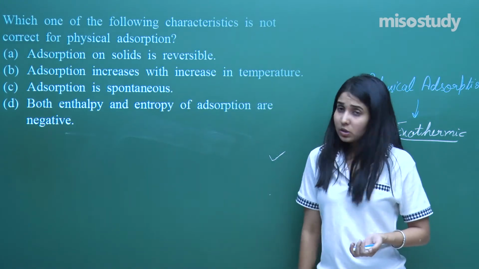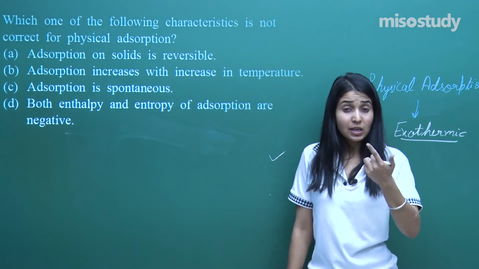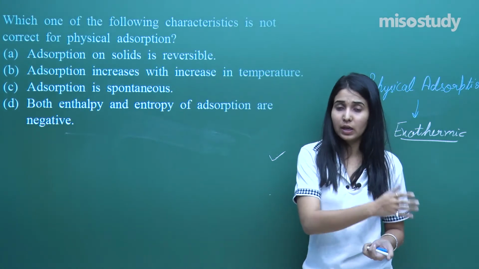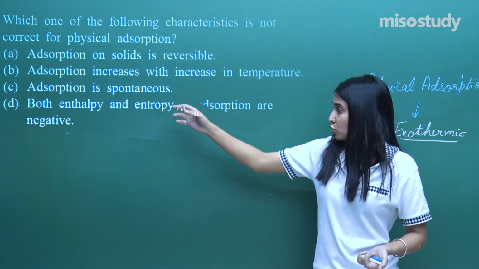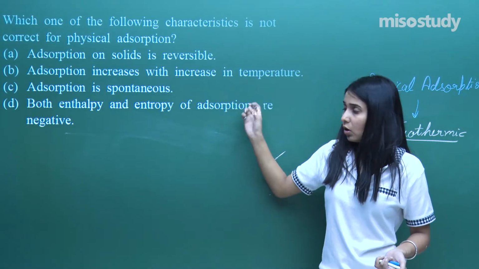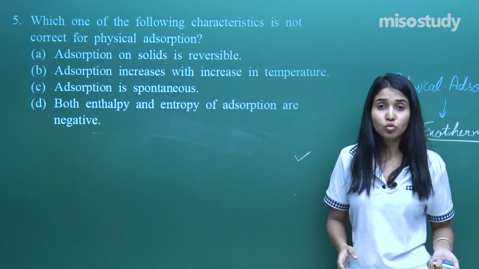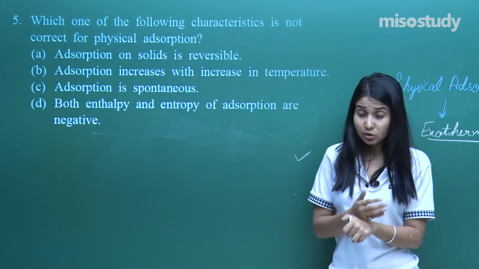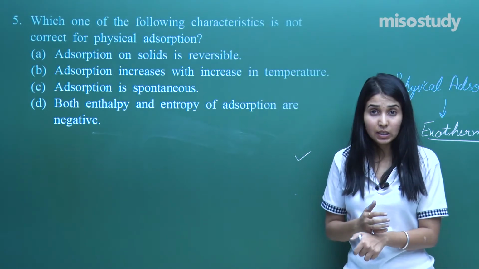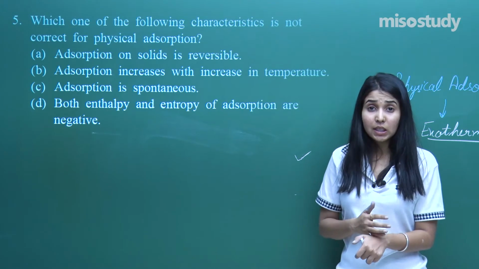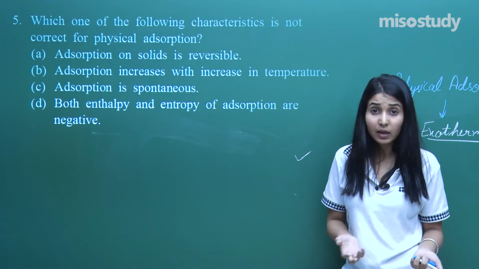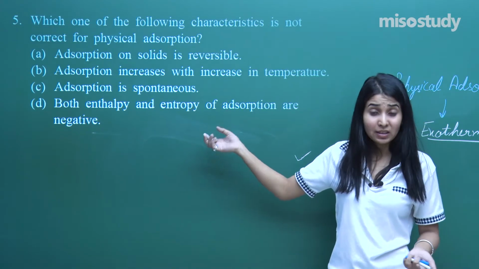Then it says adsorption is spontaneous. Of course, this is spontaneous, as we have just said that the delta S value would be negative, and we have done this by the Gibbs free energy. So both the enthalpy and the entropy of adsorption are negative, which is true, because it is exothermic, and because adsorption happens, the randomness decreases. If the randomness decreases, the value of delta S would decrease, because that is my entropy, my randomness.